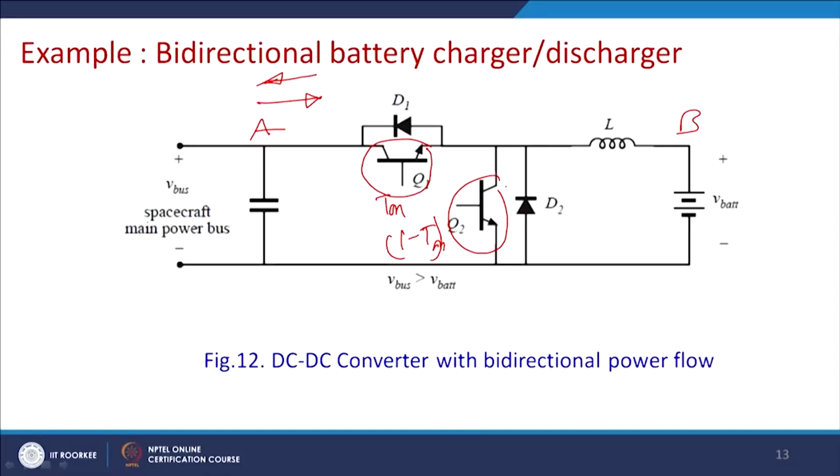Ultimately the diode will conduct when it is in the freewheeling region, but when boost mode comes into the picture, then essentially Q2 and D1 come into the picture.